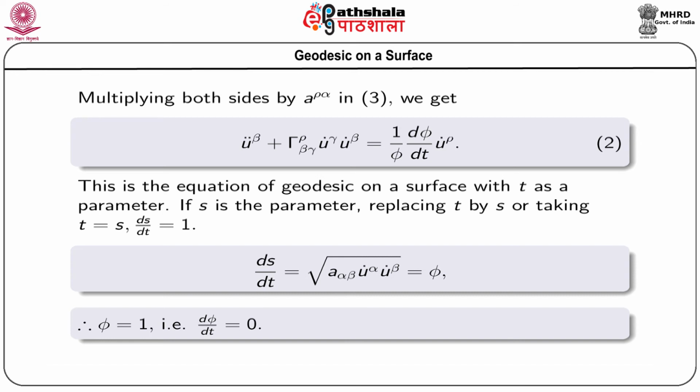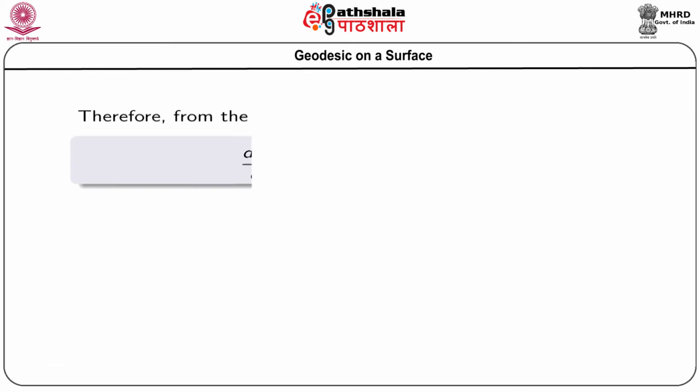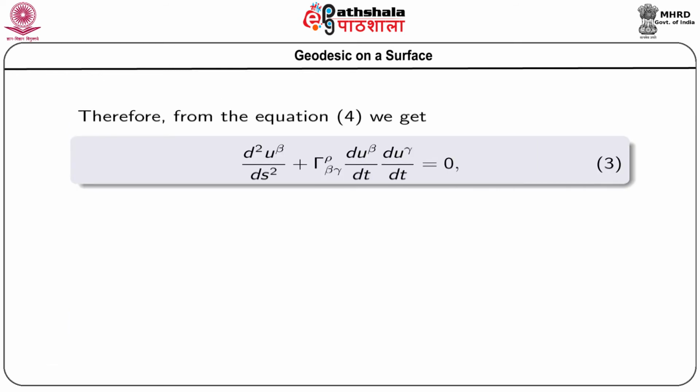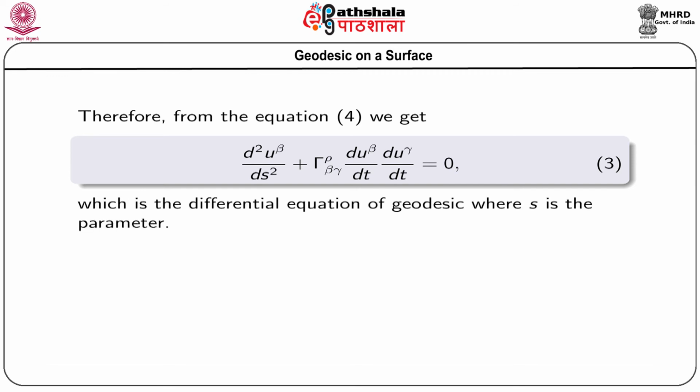So, the right hand side of 4 becomes 0 when t is replaced by s. In that case, equation 4 reduces to this form: d²u^β/ds² + Γ^ρ_βγ (du^β/ds)(du^γ/ds) = 0, which is the differential equation of geodesic when s is the parameter.